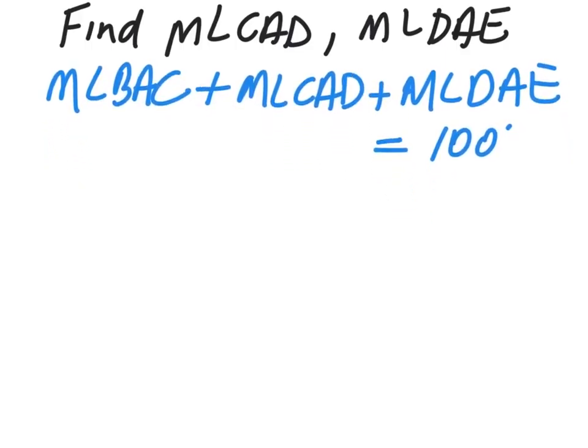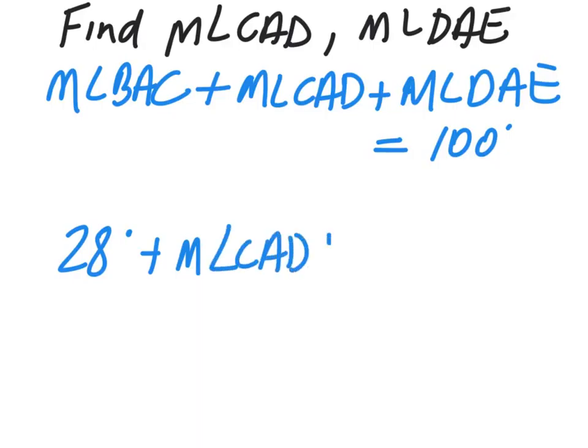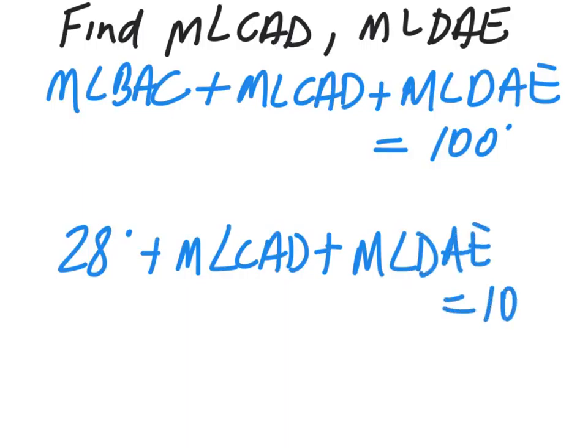We know that BAC is 28. So 28 degrees plus the measure of the angle CAD plus the measure of the angle DAE is 100.